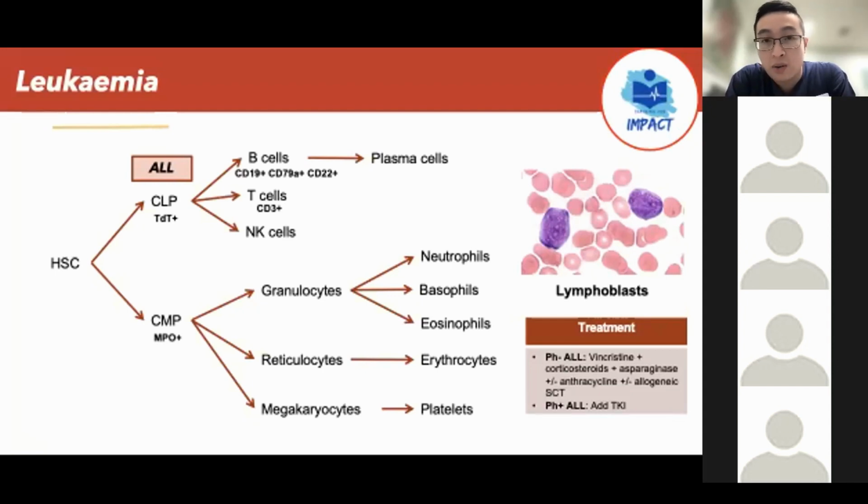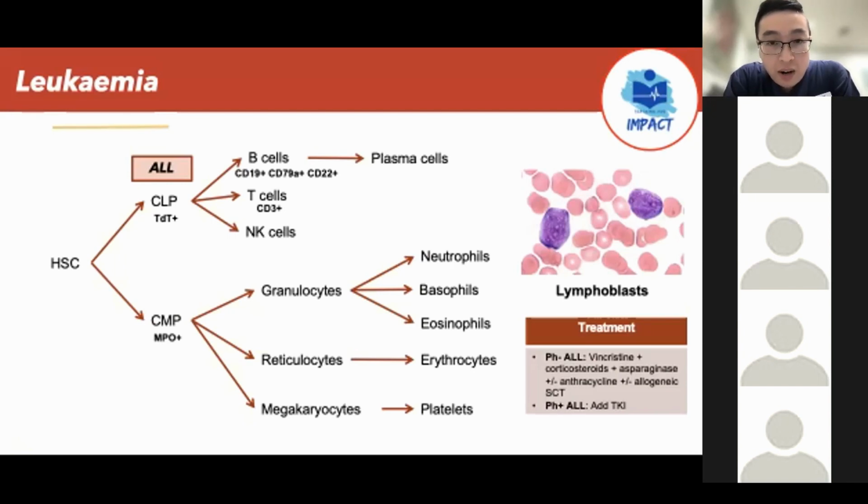Of course, ALL can also present with most of the cancer burden in the lymph nodes, in which case we call it an acute lymphoblastic lymphoma, which is often shortened to LBL, but they are one and the same disease, depending on where the majority of the cancer burden resides.